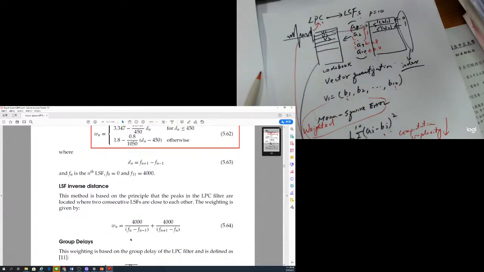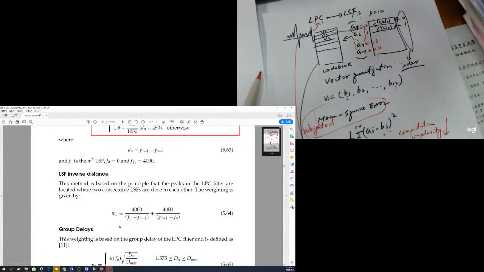So you can see if your neighboring coefficient Fn is close, the weighting value becomes bigger. If you are far away, alone, not close to your neighboring coefficient, your weighting value becomes smaller.